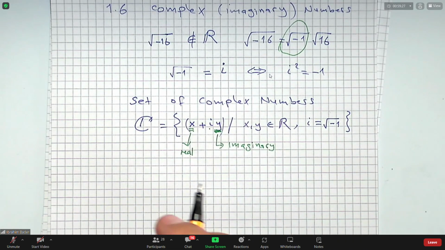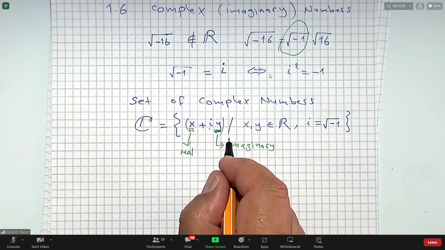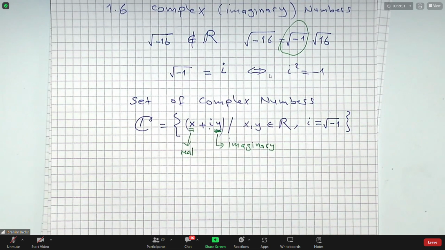So imaginary part, and so it has two components, real component and imaginary component. The real component is always without i, the imaginary component is with i. Yes, please. It's not C complement or one.